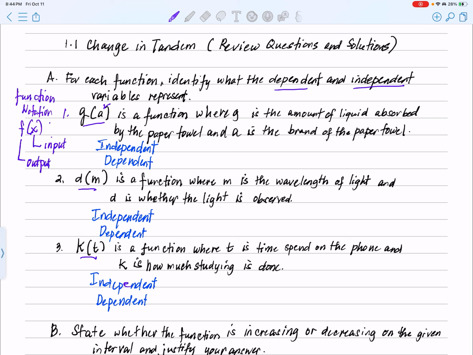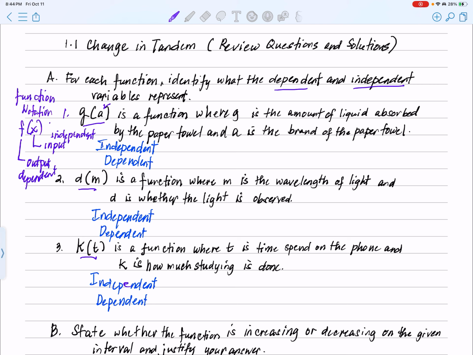So when we say input, that is the independent variable, okay? And the output is the dependent variable. The independent is on the x-axis, and the dependent is on the y-axis.